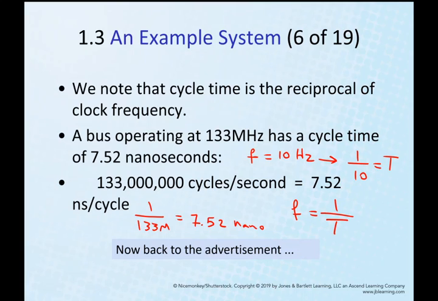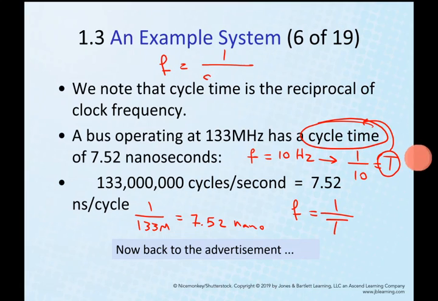In computer engineering, the period is usually referred to as cycle time. So the frequency is equal to 1 over the cycle time.